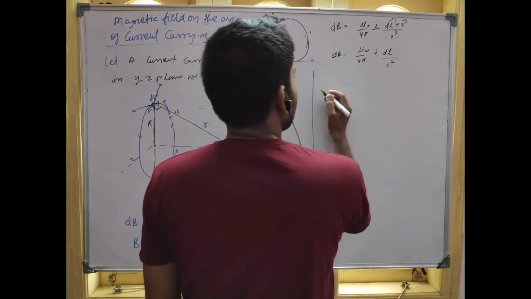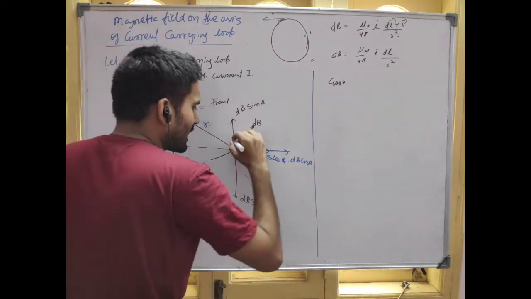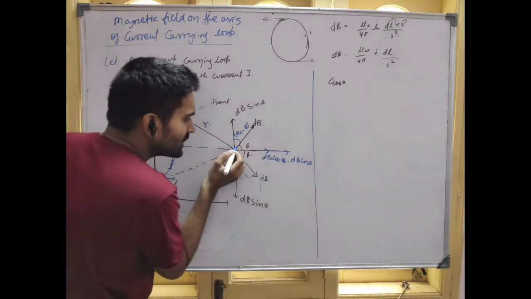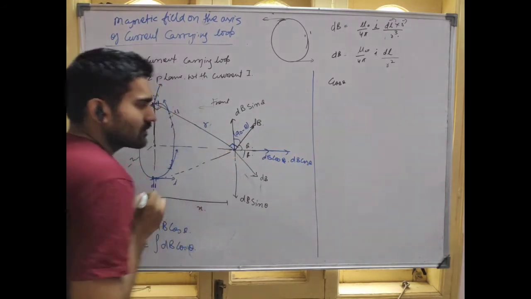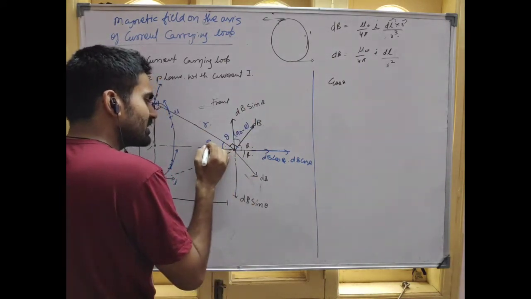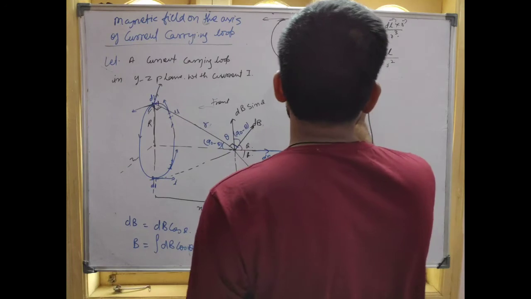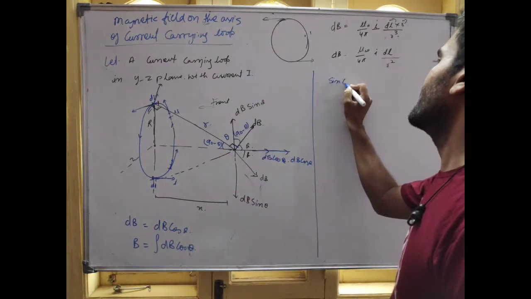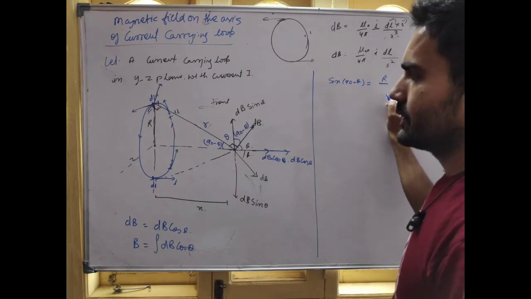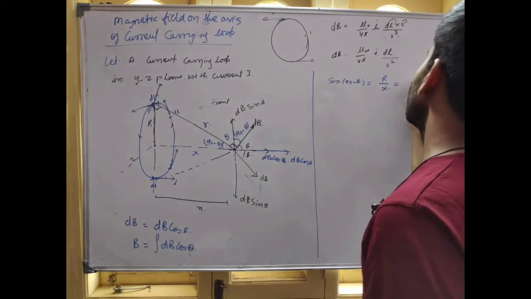This is the dB. Can you tell me what is the cos theta here? If this is theta, can you say this is 90 minus theta? This is 90 degrees because it is already perpendicular. So sin 90 minus theta is equal to r by x... ultimately it is cos theta.